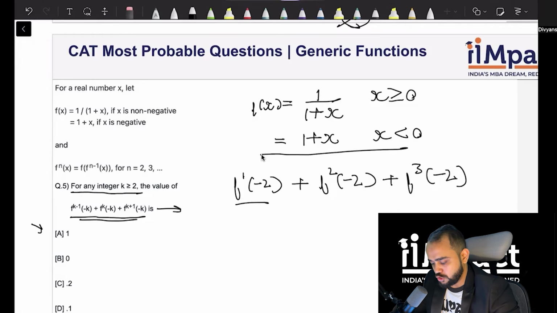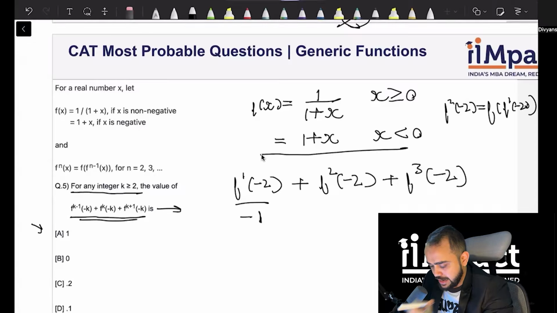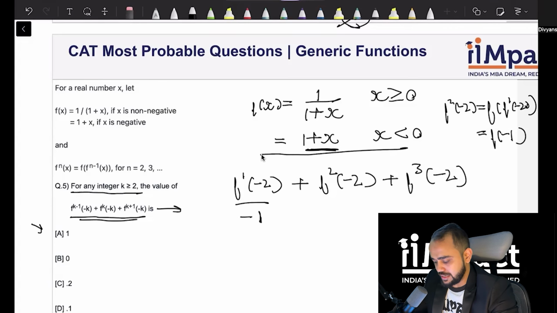So this is going to be 1 minus 2, that is minus 1. Now f2 of minus 2 is going to be what? f2 of minus 2 will be f of f1 of minus 2, and f1 of minus 2 was minus 1. So this is f of minus 1. So this will again be what? I'll have to use this definition only, minus 1 plus 1, that is 0.